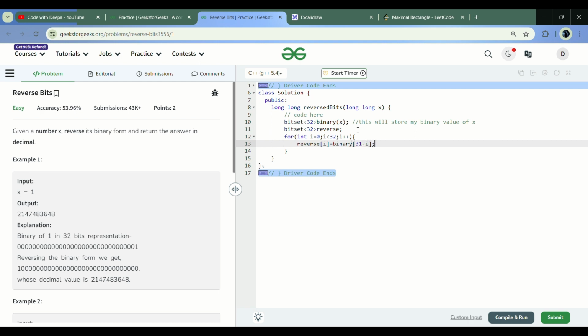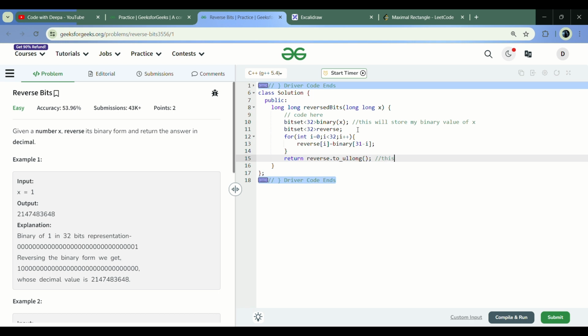It will store the reversed value, and to convert this reverse value back into a long integer value, I will use another function, a predefined function which will convert this binary representation back into a number, and this will return the decimal value. And now let us run this code.